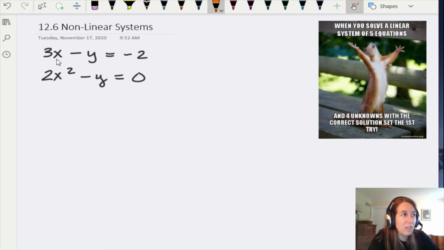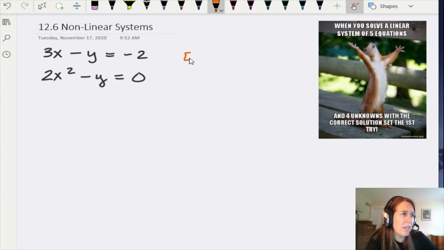If I tried elimination by adding the two equations together, that wouldn't help get rid of the x's. If I use substitution and solve for x and plug it in here, I would have to square whatever was in there. That sounds like it would be hard. However, if I look at the y's, I could pretty easily eliminate the y's, and then I would just have an equation in terms of x that I should be able to solve. Okay, so let's do that.